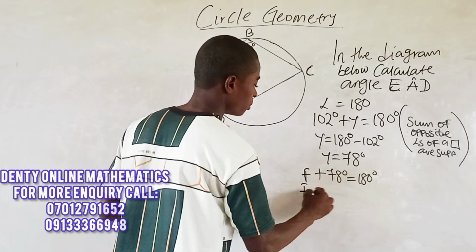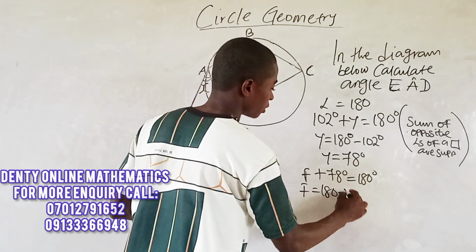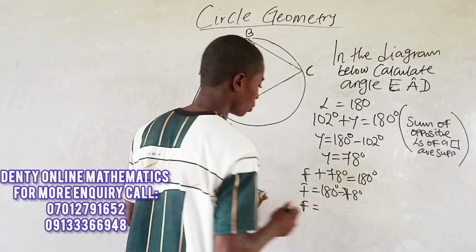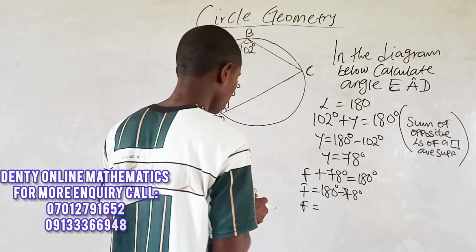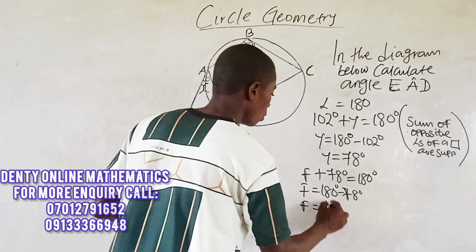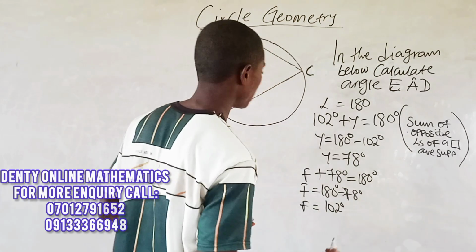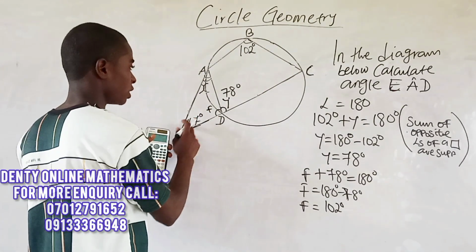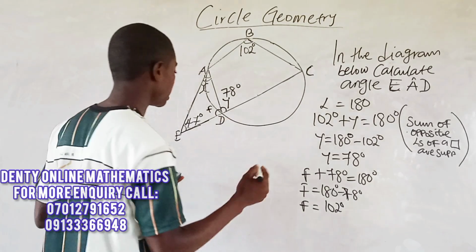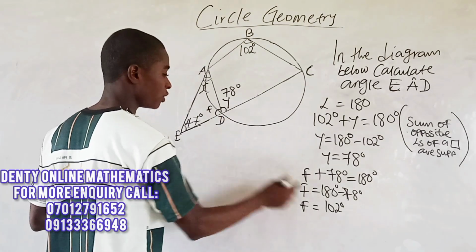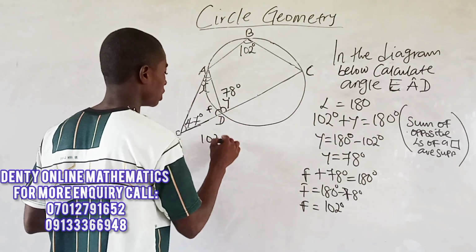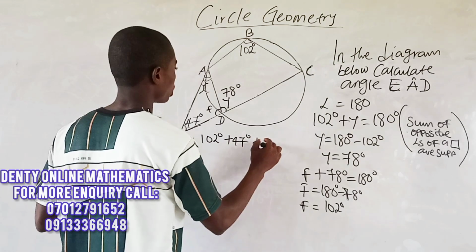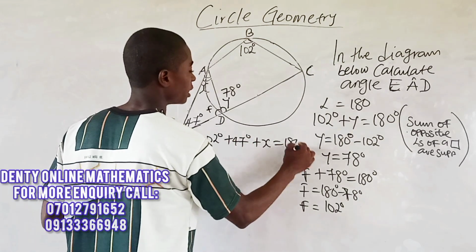So my f will be equal to 180 minus 78 degrees, which is the same thing as 102 degrees. So now I can say our f is also 102, so I can say 102 degrees plus 47, that's for this one, plus x is equal to 180 degrees.